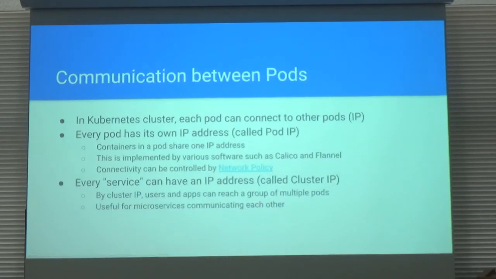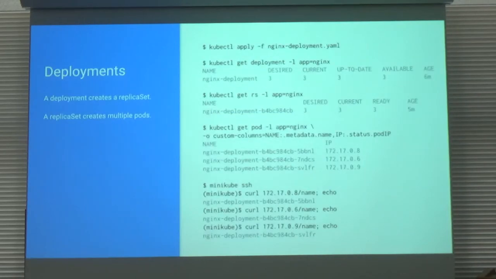The last thing is communication between pods. In Kubernetes, every pod can communicate on the IP layer. Every pod has its own IP address. So in the previous slide, all pods have their IP addresses.